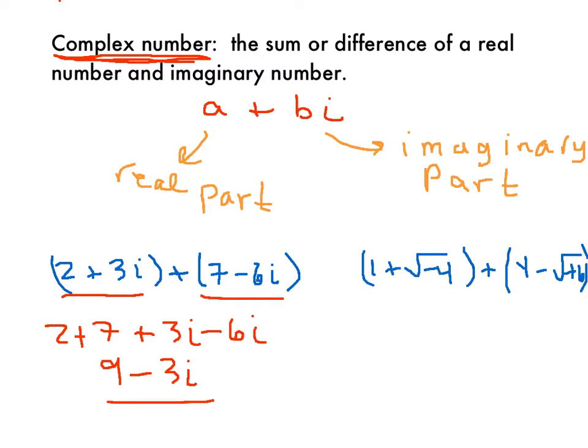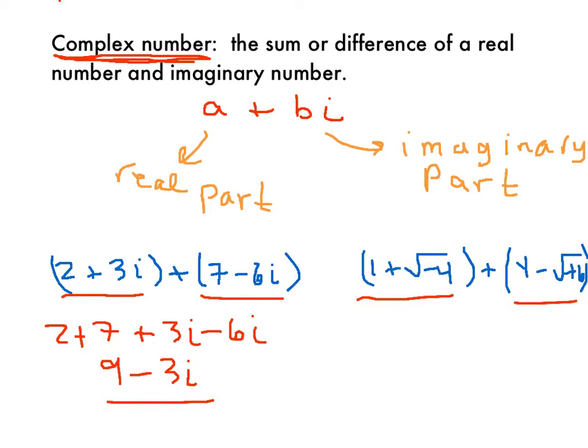I would actually be okay with you leaving it like that because we want to have the real part and the imaginary part separate. But if I were to factor a 3 out of there, then we would have factors, and we really don't want the multiplication there.